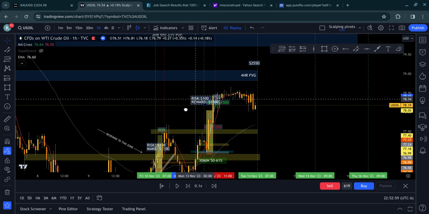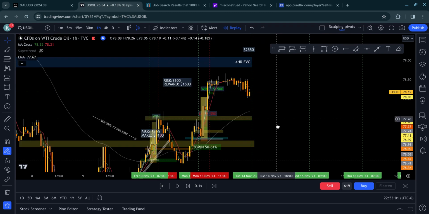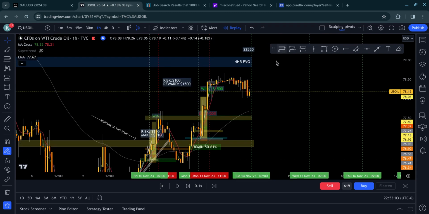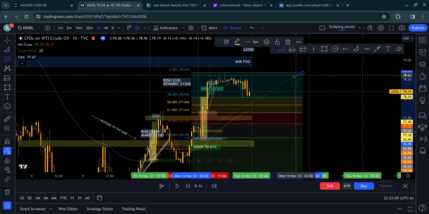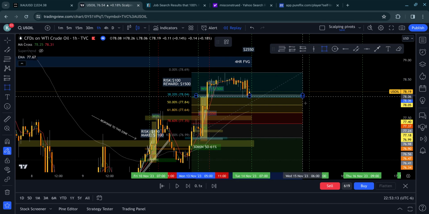I'm going on my 1 hour time frame, and I am looking now. We're definitely considered a strong uptrend. So I'm gonna go from this low up to this high, right? Now, if I'm looking here, where am I at now?